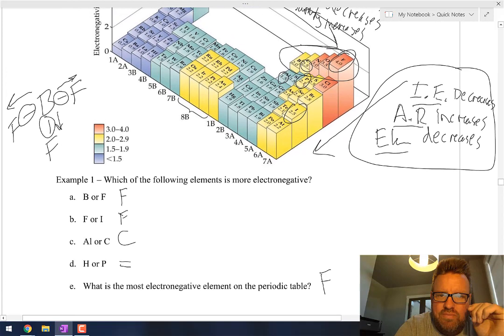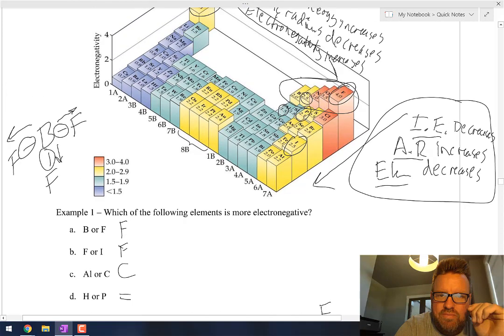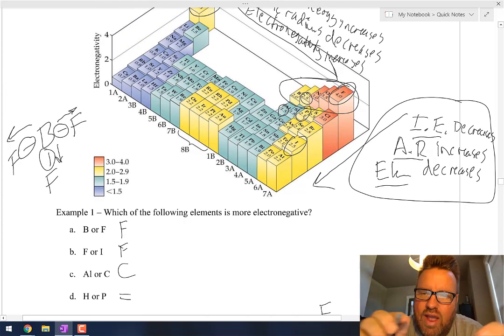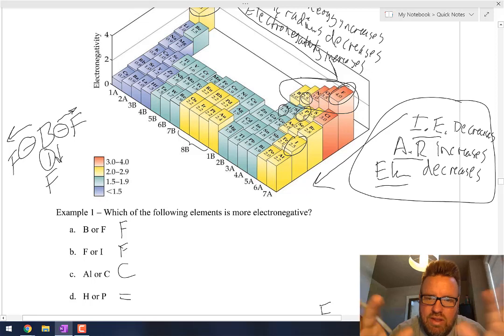Okay, and again, the key here is not necessarily can you identify, like on a test or something like that, I'm going to tell you which one's more electronegative. You're just going to have to tell me why. I'm going to say, why is fluorine more electronegative than iodine? And you'll say, well, because iodine has more electron shells that are further away from the nucleus, and lots of inner shell electrons blocking that attractive force.